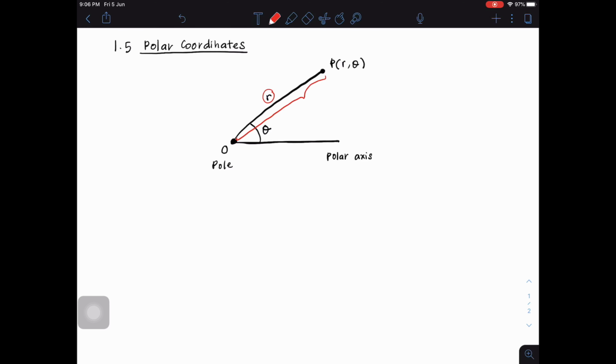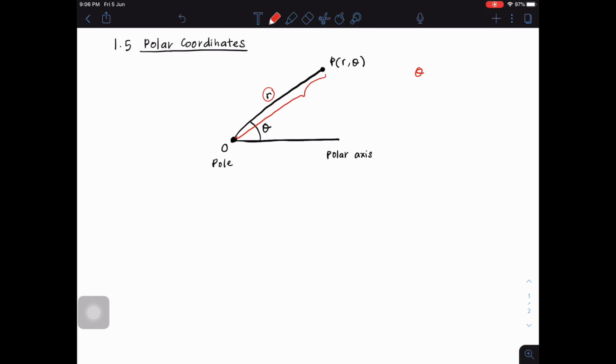The value of theta will be positive when it is measured counterclockwise. Positive value means that theta is measured counterclockwise from the polar axis.